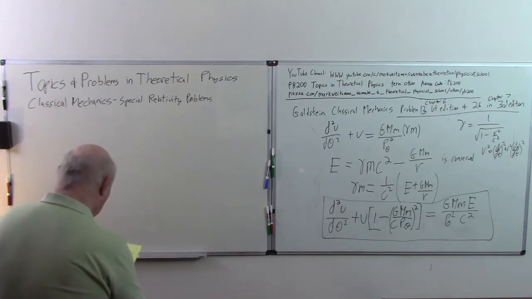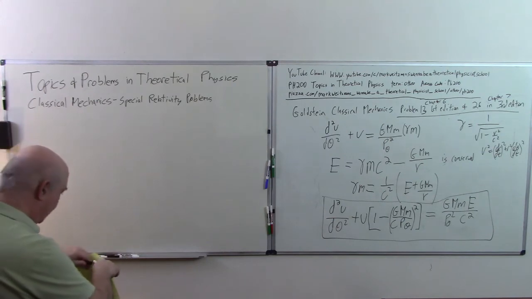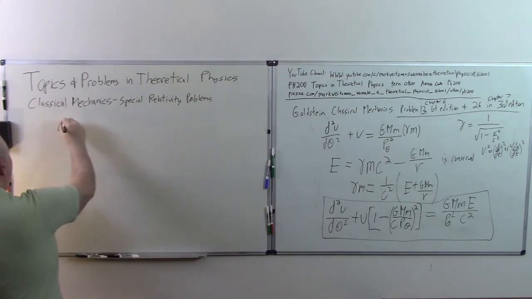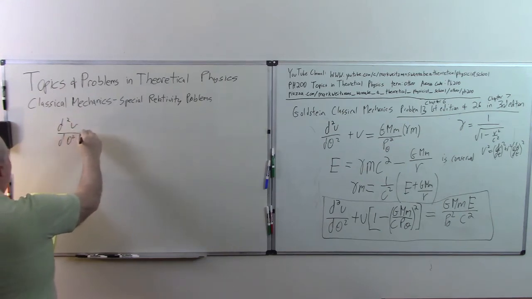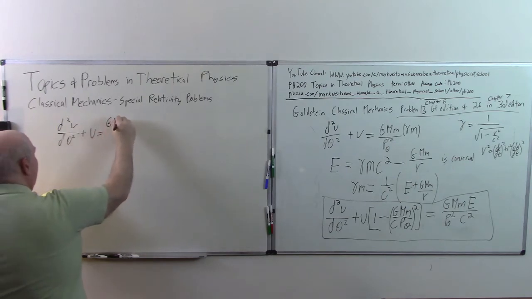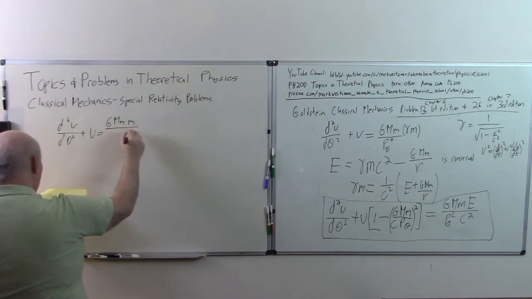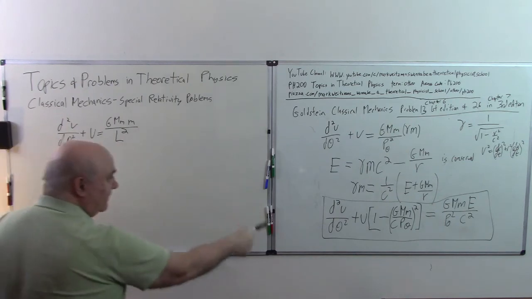The Newtonian orbit equation, you can look it up, is d2u d theta 2 plus u equals G M m m over L squared. And I want to compare that to that.